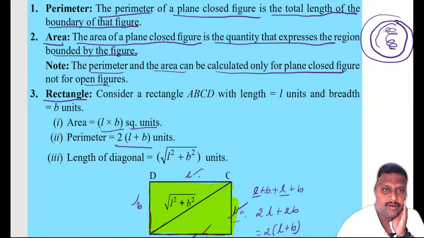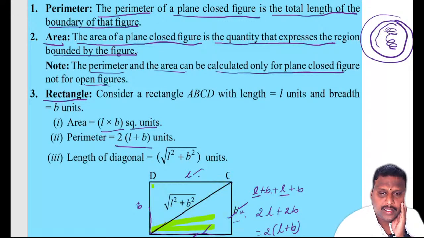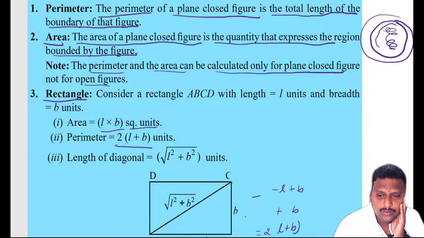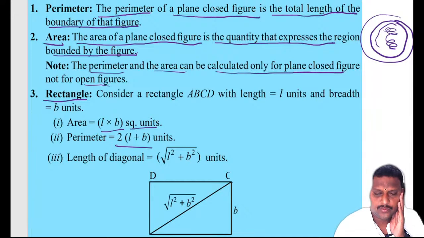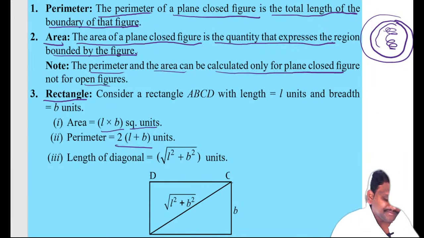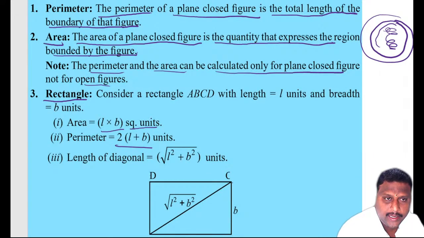Next, in the rectangle, what is meant by a diagonal? The line drawn to opposite vertices is called the diagonal. This is the line drawn from A to, what is the opposite vertex of A? This is C. This AC is called the diagonal.